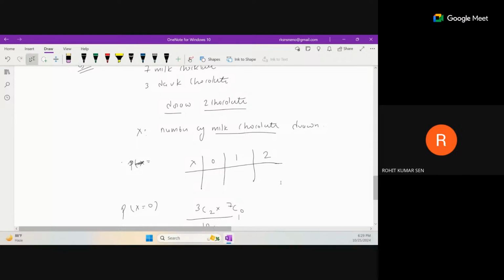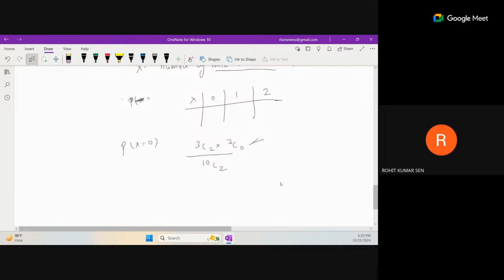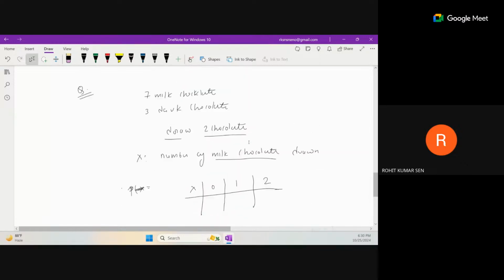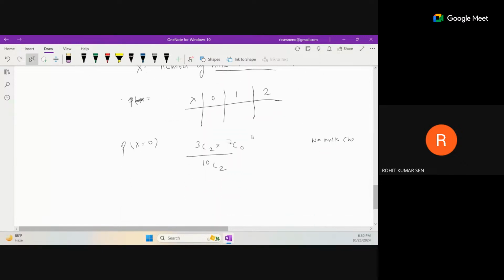These are the desired outcomes, the things that we wanted, and these were the total possible combinations. So these give the probability of x equal to 0, meaning no milk chocolate.